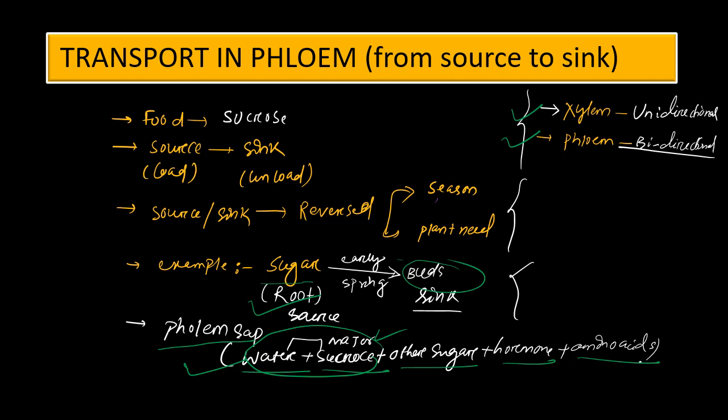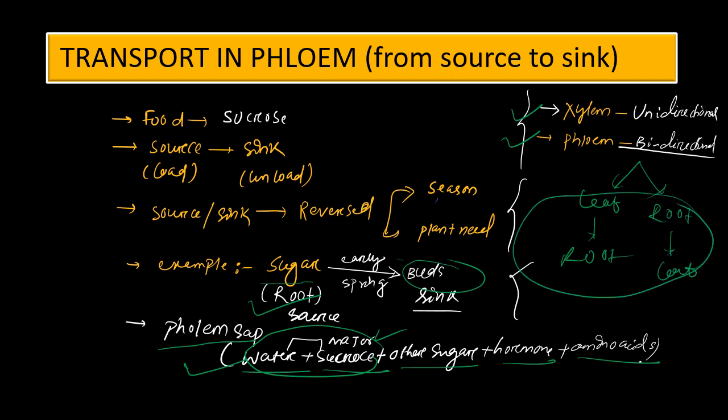Phloem may be bidirectional: sometimes what is produced in the leaf is transported to the root, and sometimes from the root to the leaf. It is not in a constant manner, so it is known as bidirectional. Phloem shows bidirectional movement.